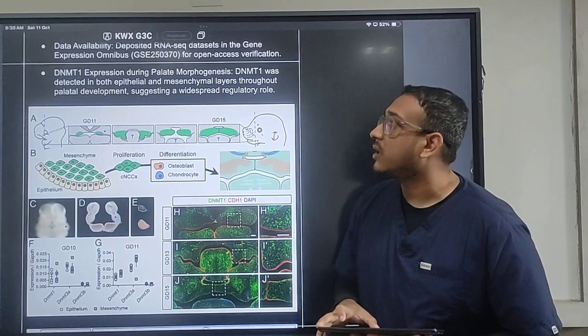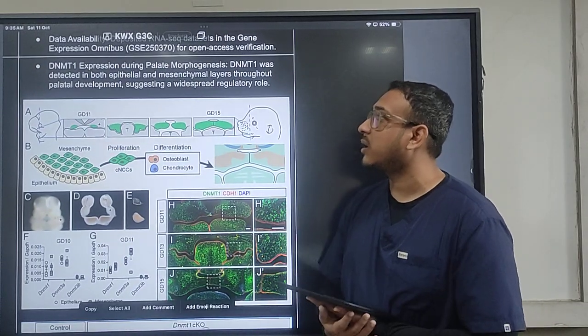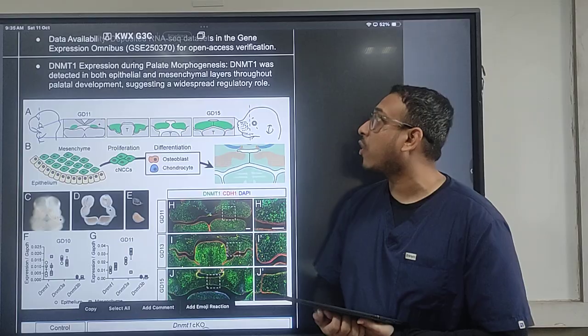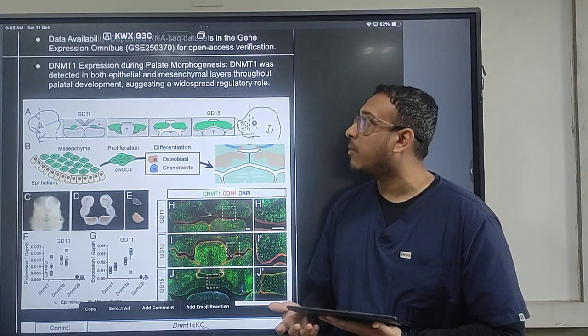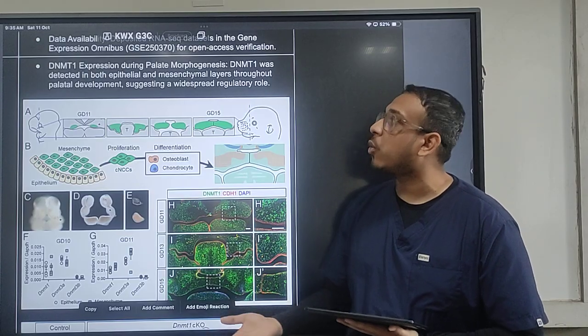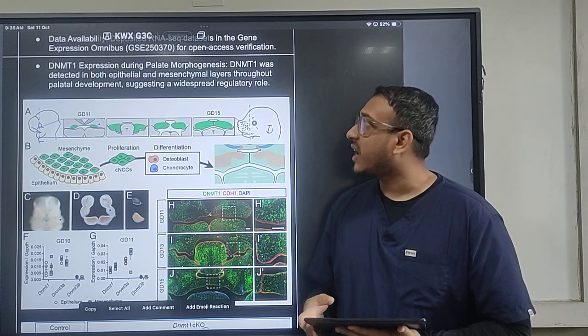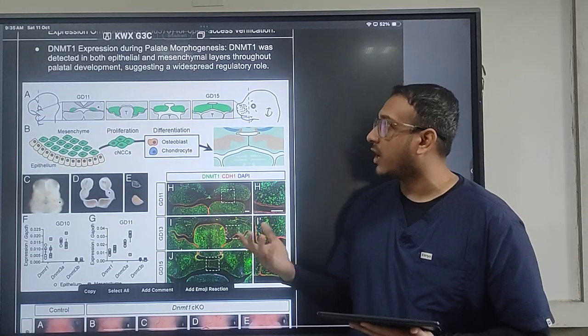The results: the DNMT1 expression during palate formation and morphogenesis. So they found out that DNMT1 was detected in both epithelial and mesenchymal layers throughout the palatal development, suggesting its widespread regulatory role.